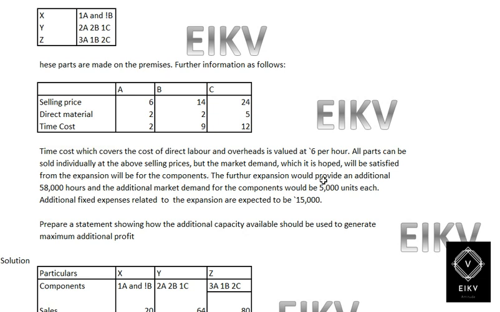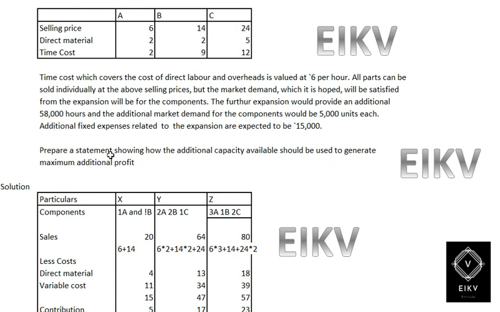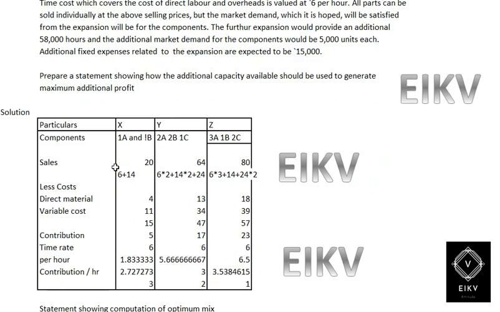The further expansion would provide an additional 58,000 hours, and the additional market demand for the components would be 5,000 units of each. Additional fixed expenses related to the expansion are expected to be 15,000. Prepare a statement showing how the additional capacity available should be used for generating maximum additional profit.